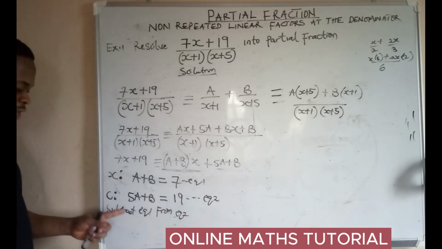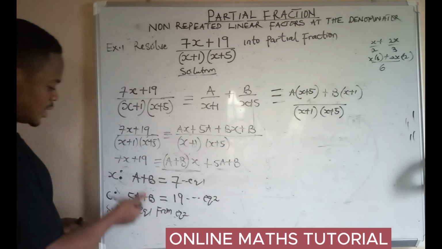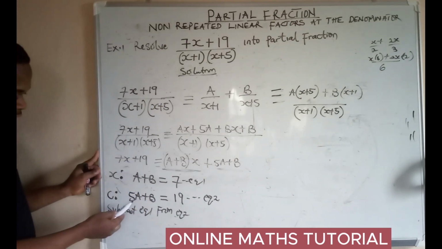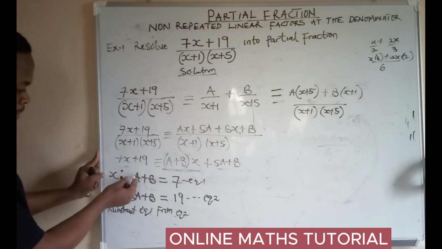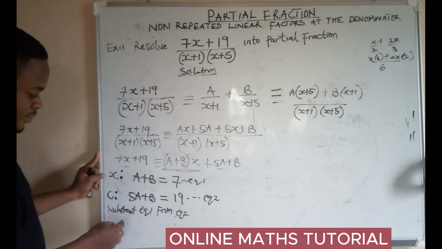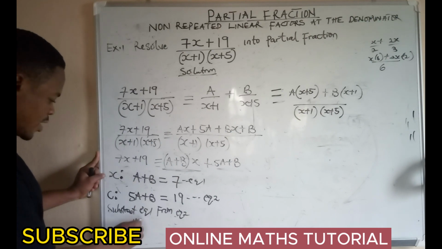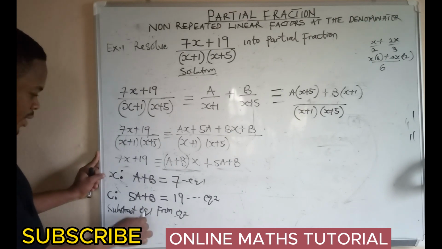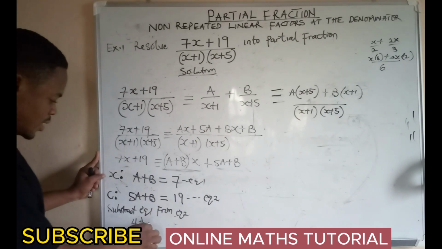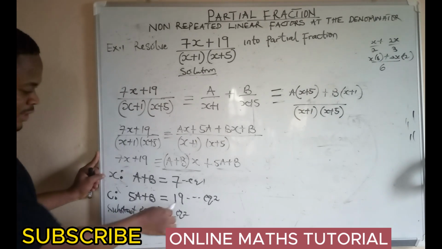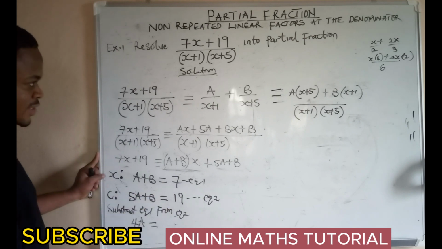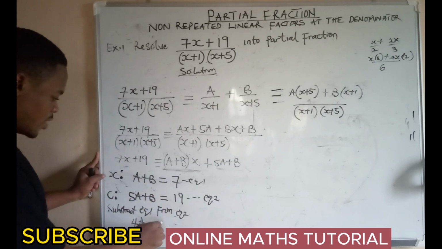Meaning, if you're subtracting equation 1 from equation 2, that means this should be on top. We can now say that 5a minus a will give us 4a. b minus b will give us 0, equals 19 minus 7, which will give us 12.